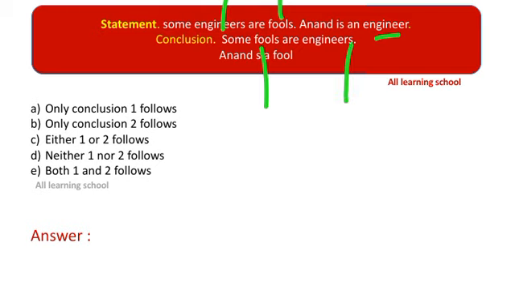Both words are present in a single statement. Expense of engineer is 50, income of engineer is 50, expense of fool is 50, income of fool is 50. As income and expense are equal and are present in a single statement, conclusion 1 will be correct.